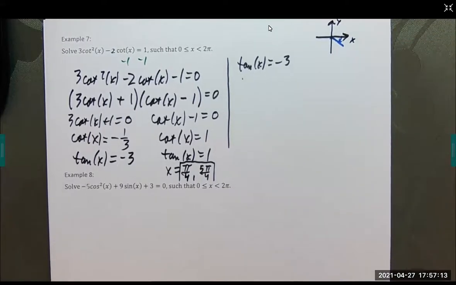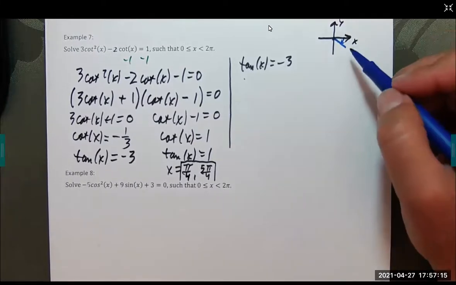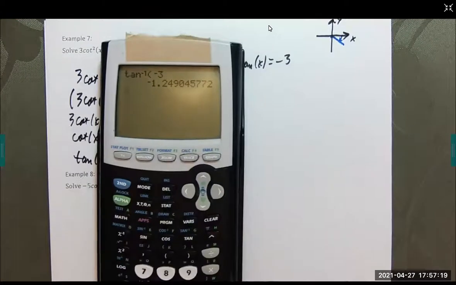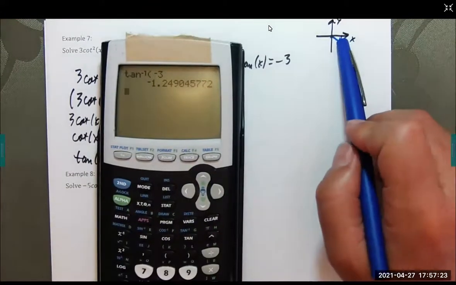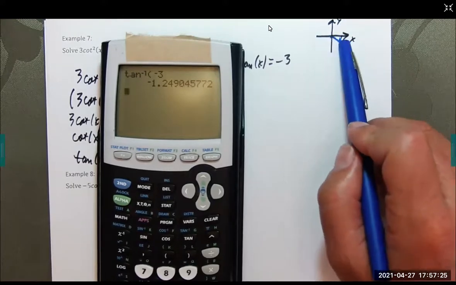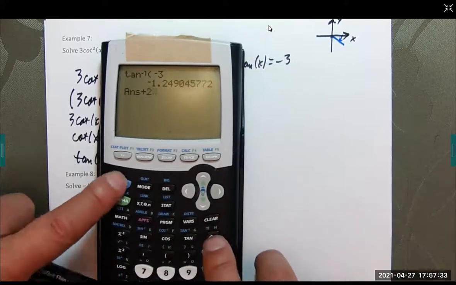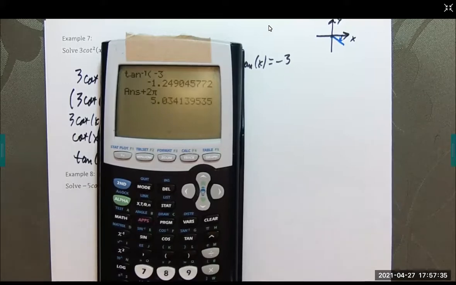And I don't want it to go that way because that means it's a negative value. So what I'm going to do to get to the exact same spot is add 2 pi to it, and that'll get me into the positive. So watch what happens. Plus 2 pi. There it is. Now I'm in quadrant 4.